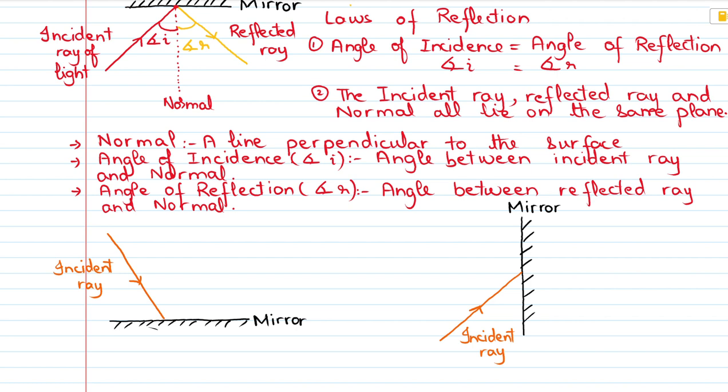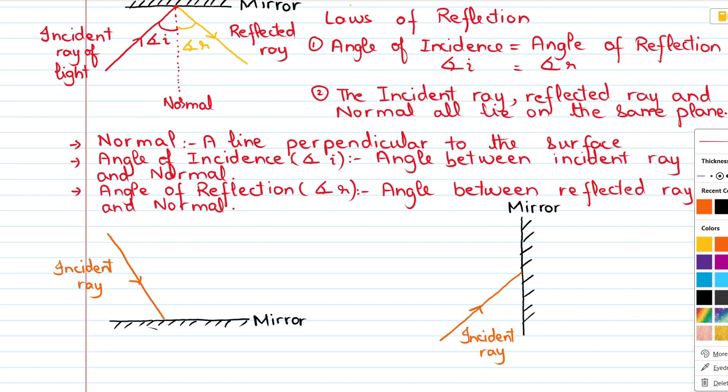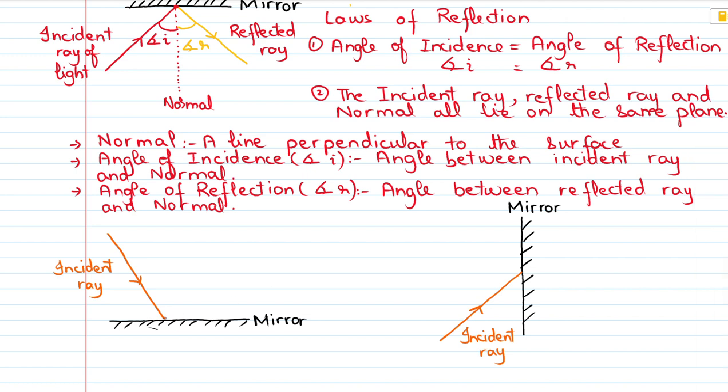So the first step is that we have to draw the normal line. So how do we draw the normal? So if the light ray is incident on the mirror at this point, we will draw a line which is perpendicular to the mirror surface. So this dotted line represents our normal line. So let's mark the angle of incidence.